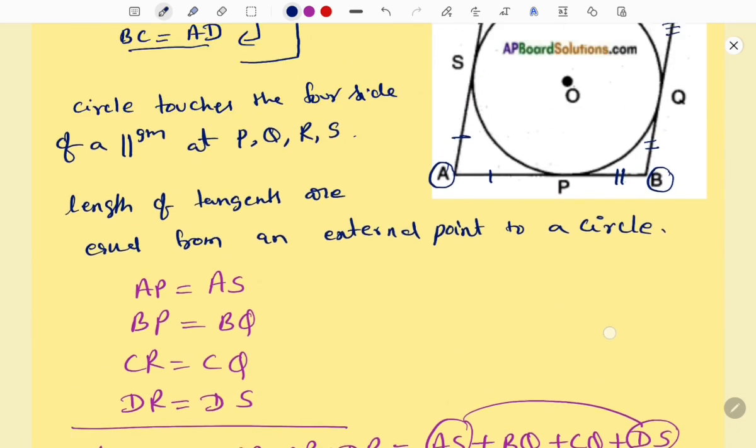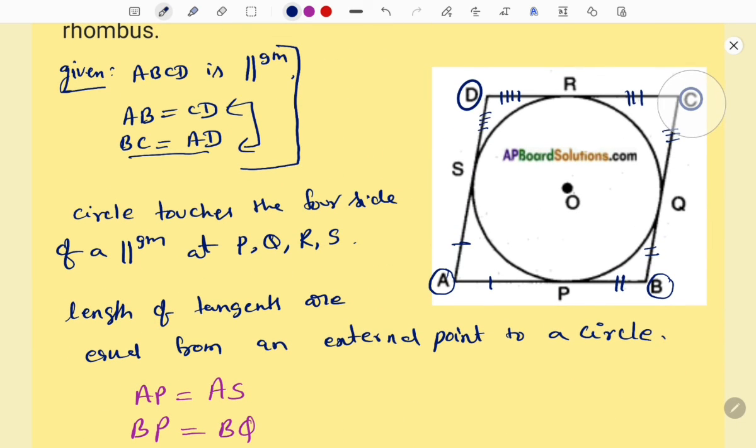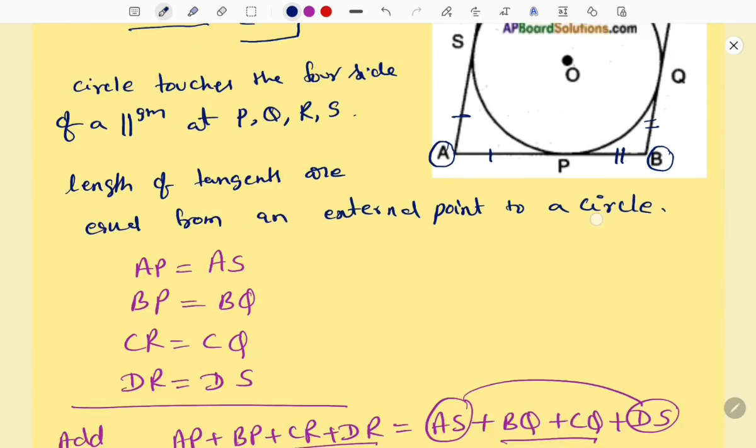Once you see this diagram, this is CD and this is AD. These both are the adjacent sides. In a parallelogram, if adjacent sides are equal, that figure is called a rhombus.